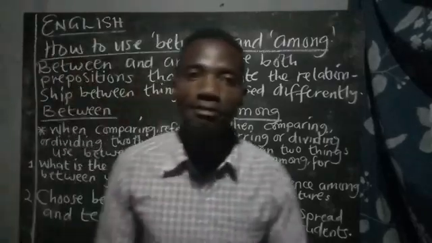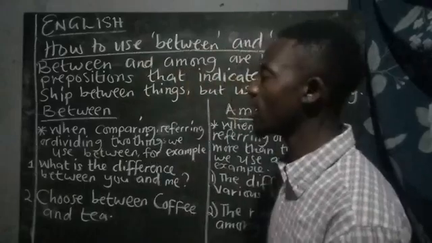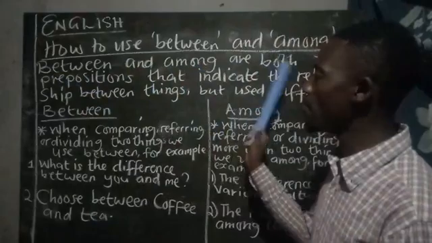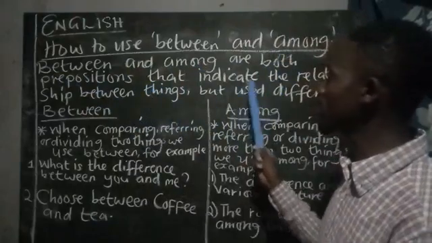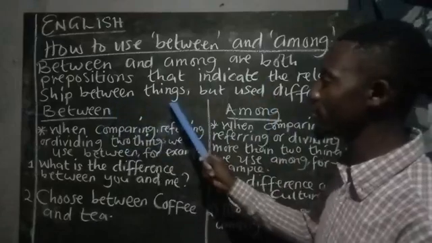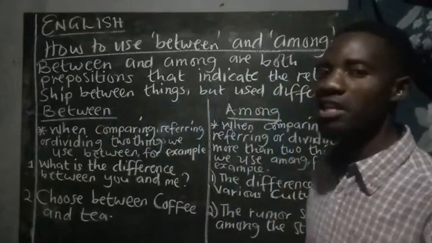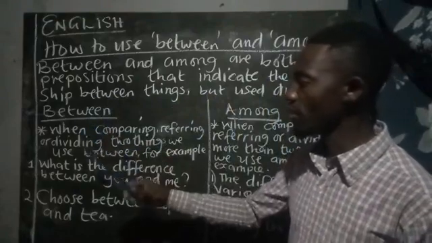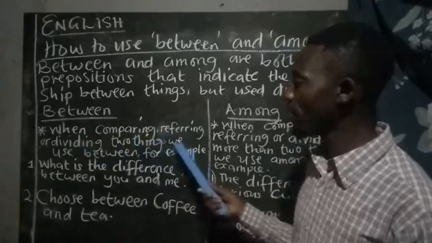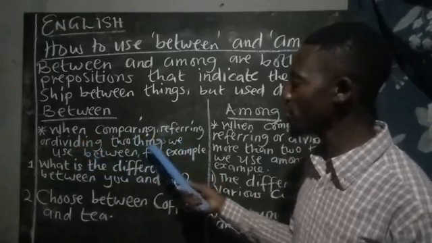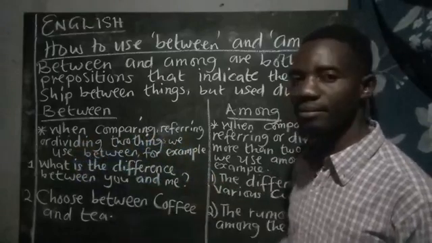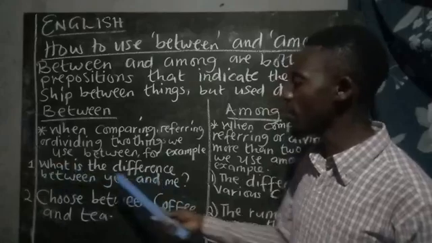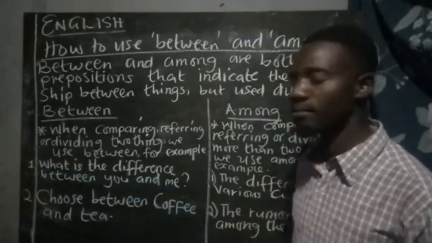Let's quickly have a recap of what we've just learned today. Between and among are both prepositions that indicate the relationship between things, but used differently. Between, when comparing, referring, or dividing two things, we use between. For example, what is the difference between you and me?